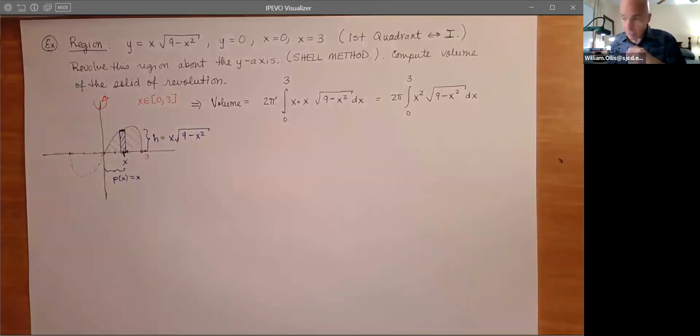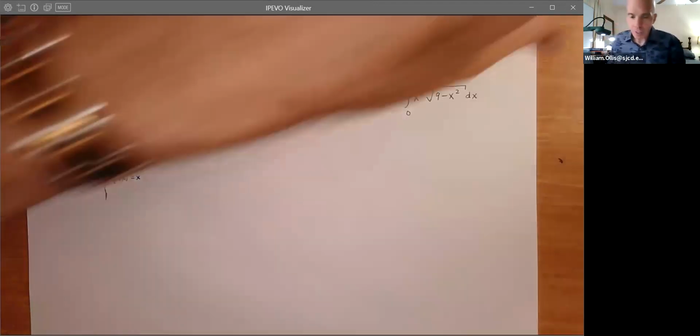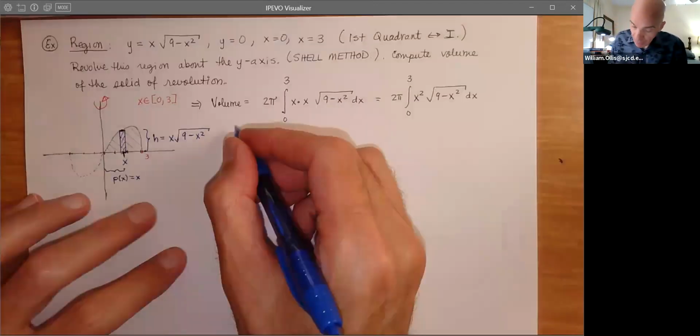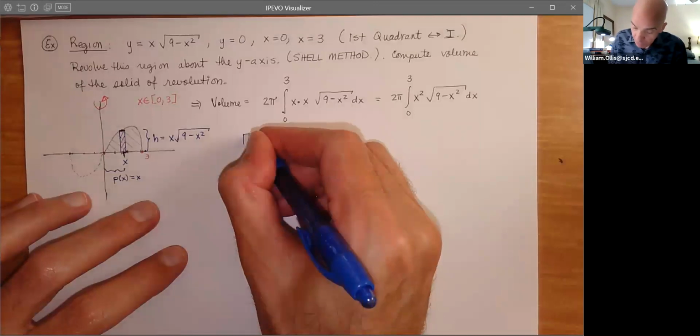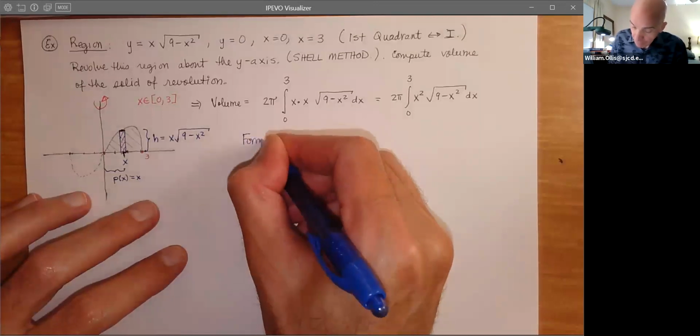I looked in the table, and this is formula 38. So let me write this down. Formula 38.